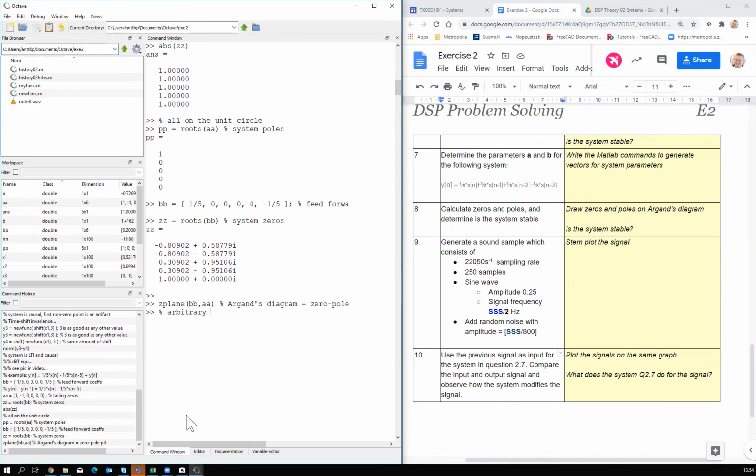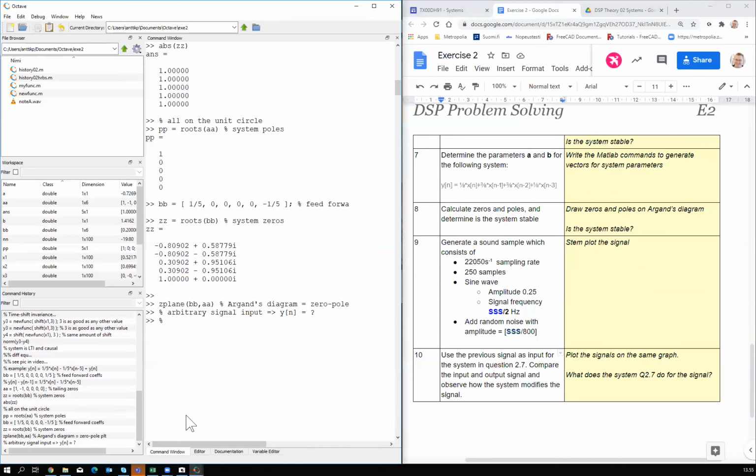Arbitrary signal input. What is the output? Any linear time invariant system.